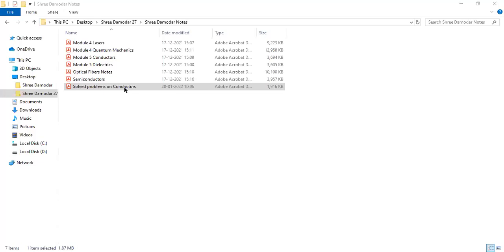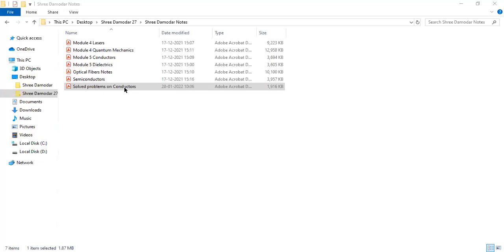Okay, in problem 2, again let me read out the problem. Calculate the probabilities of an electron occupying the energy level 0.02 electron volt above the Fermi level. This is a very important problem. And then in an energy level 0.02 electron volt below the Fermi level.